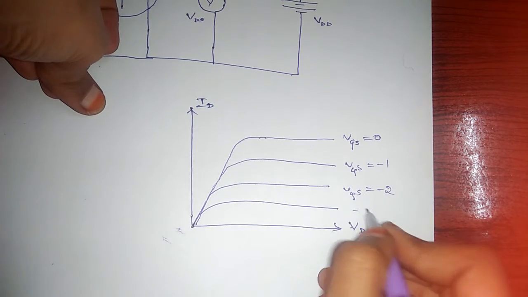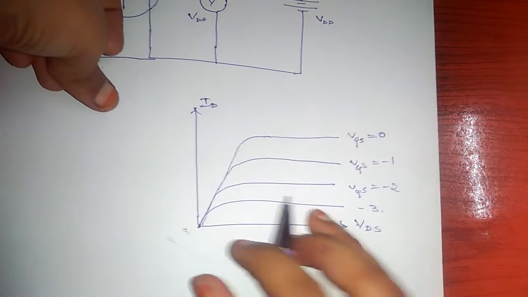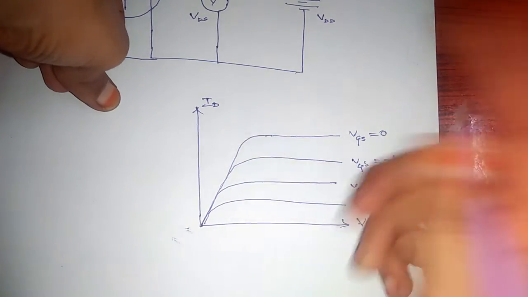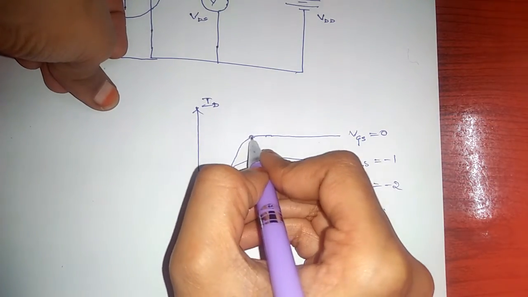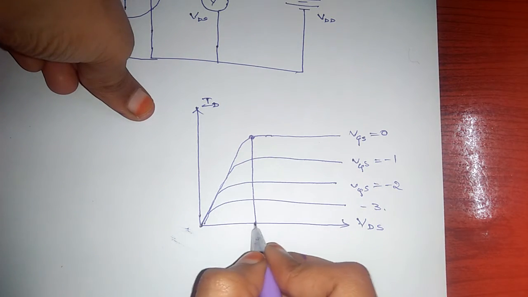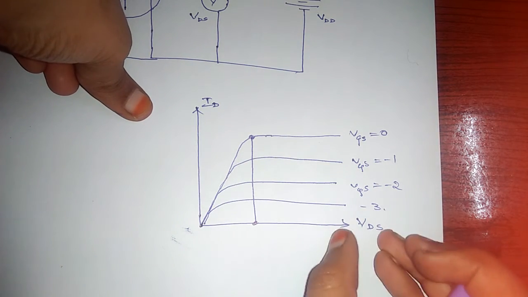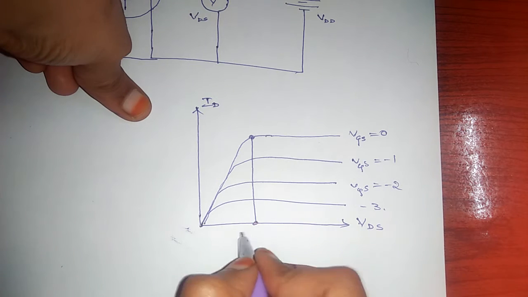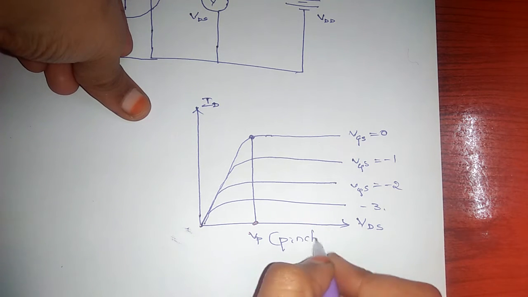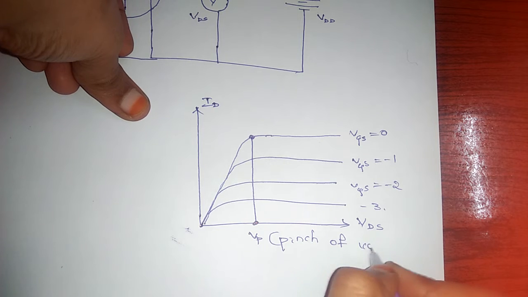If you notice here, after the sharp rise of ID, at some point the current will be constant. That particular VDS voltage is called the pinch-off voltage.